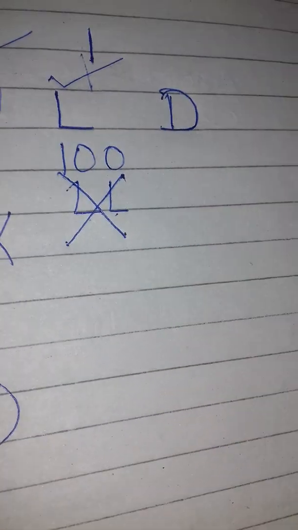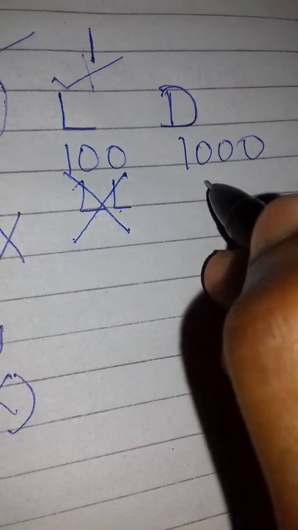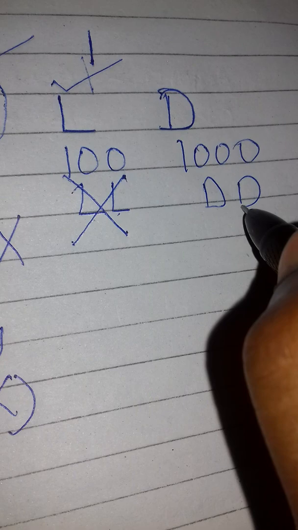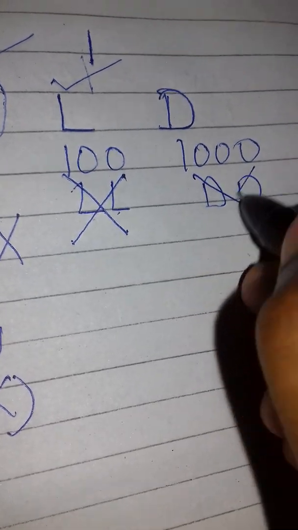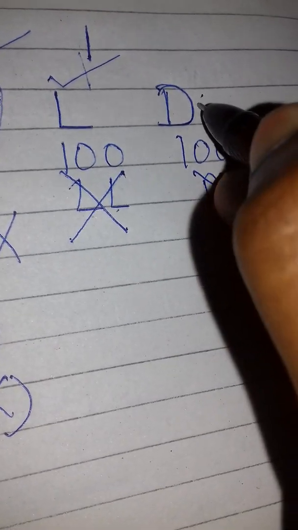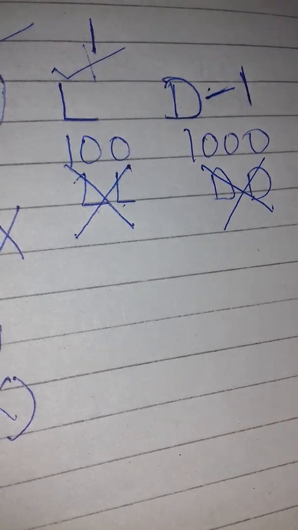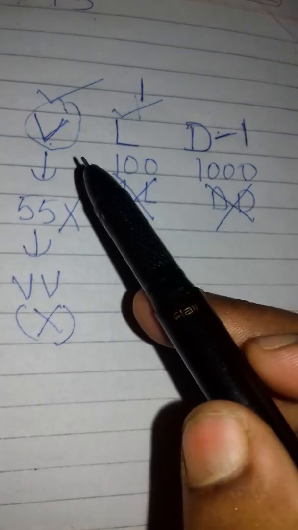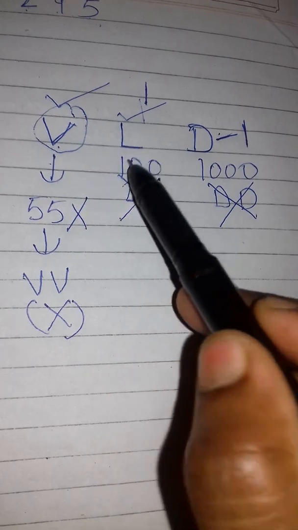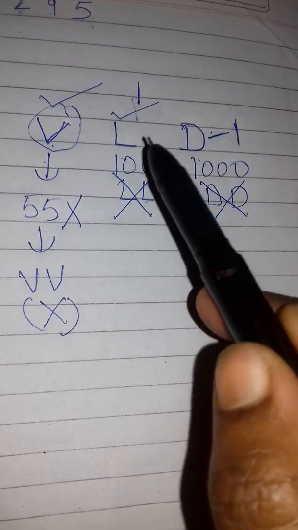Similarly, D also. If you have to write 1000, you cannot write DD. This is wrong, because it is not repeated. You have to write it only once. So students, these are the symbols V, L, D which we cannot repeat.